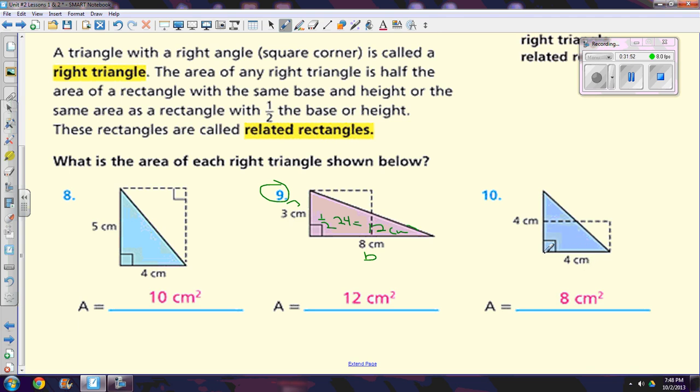You would have from here to here a 4, and then here to here, which would be 2, and then you have 8 centimeters squared. Another way of looking at that too: 4 times 4, which is 16, and half of 16 is 8. 1/2 the base times the height. Centimeters squared.